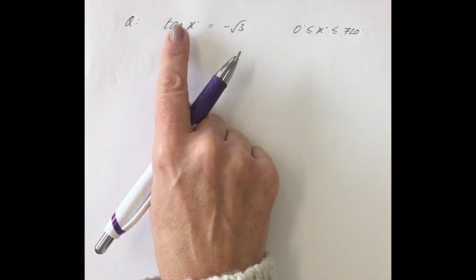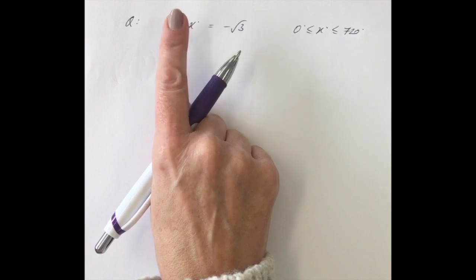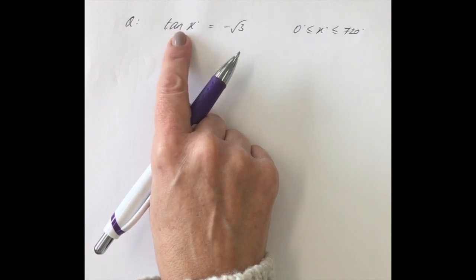However, if you remember from your tan graphs, and there's a video on the trig graphs if you want to go into it in more detail, the tan is the only one that has its shape repeating every 180 degrees instead of 360.